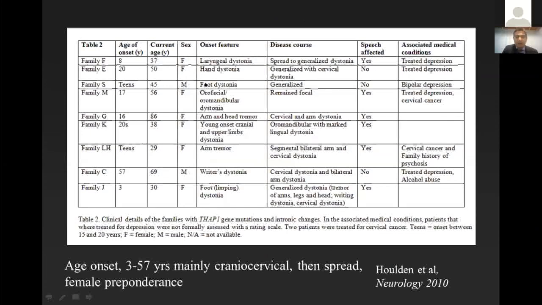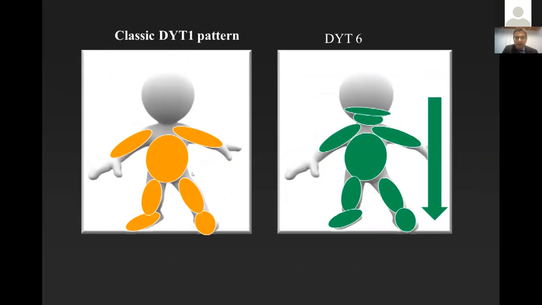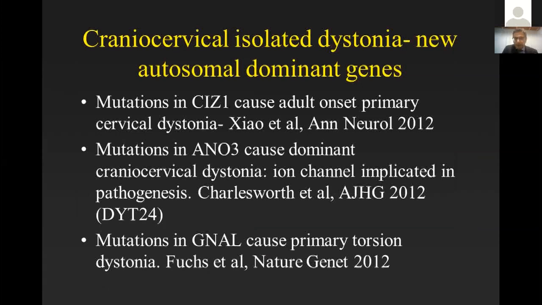A lot of them have laryngeal onset or oromandibular facial dystonia. Some of them have a segmental onset also involving the upper limbs. And if you compare this to DYT1, DYT1 starts over here and spreads upwards, usually sparing the craniocervical region, while DYT6 starts there and may spread downwards into the lower limbs.